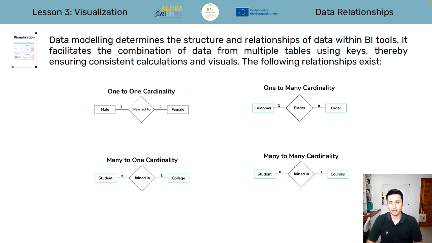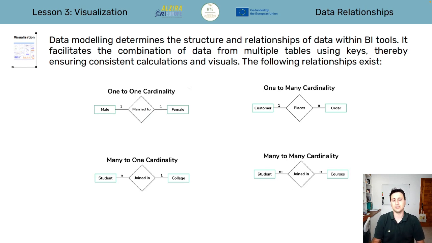There are four main types of relationships. The first one is one-to-one cardinality, just a one-to-one relation. For example, one man is married to one woman. Then, one-to-many cardinality: we have one customer called Salvador, and Salvador can place n number of orders.